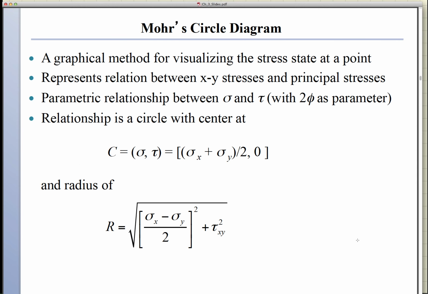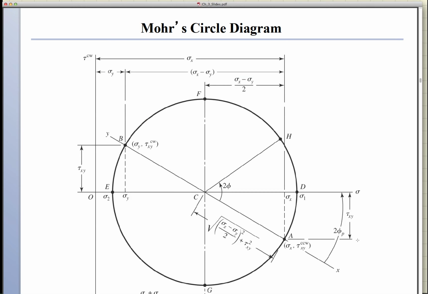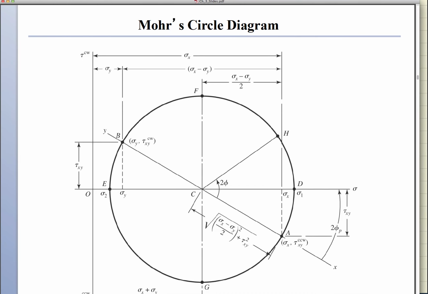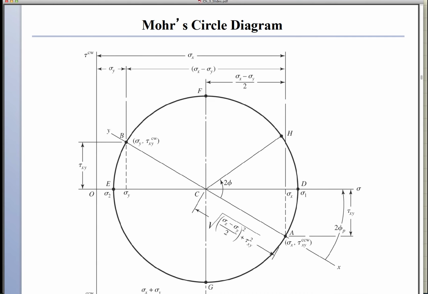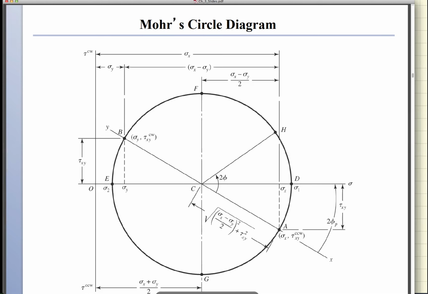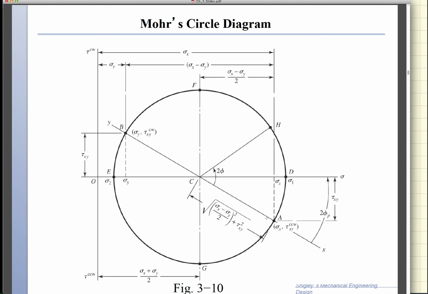So let's make the summary here. And now this is a nicer graphical representation that you can see. The graphical representation shows you the Mohr circle. So the Mohr circle is right here. This is the center, C, which is the average value.